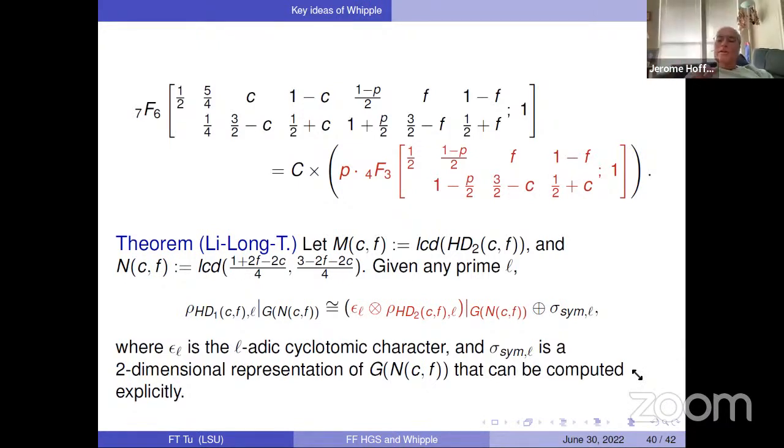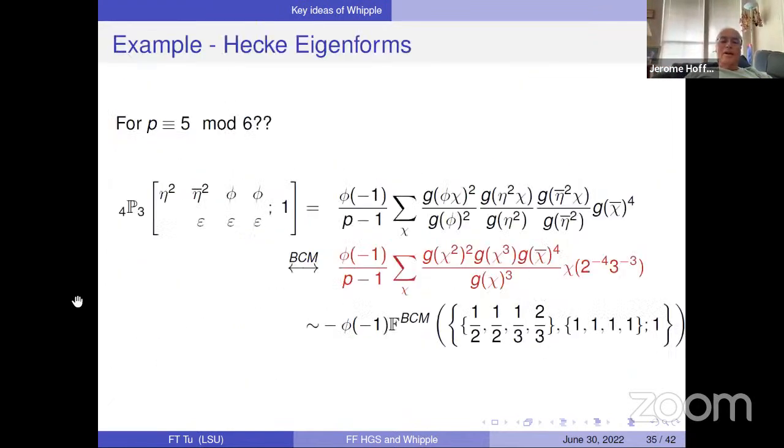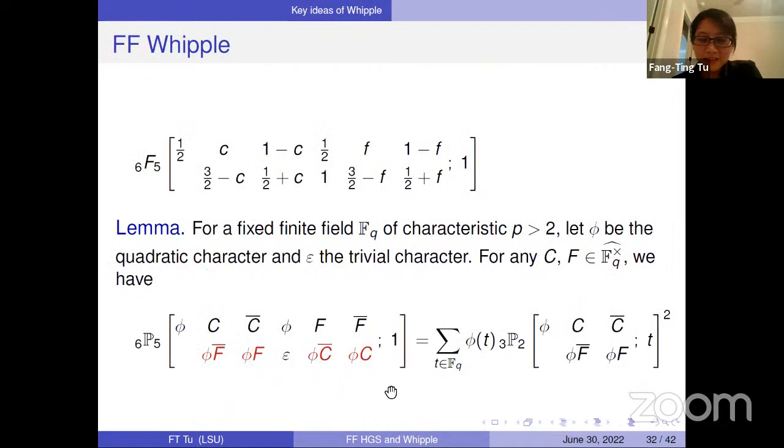There are two things in this work that are really mysterious to me. Let me start with your formula for the 6F5 as a sum of phi of, this one.